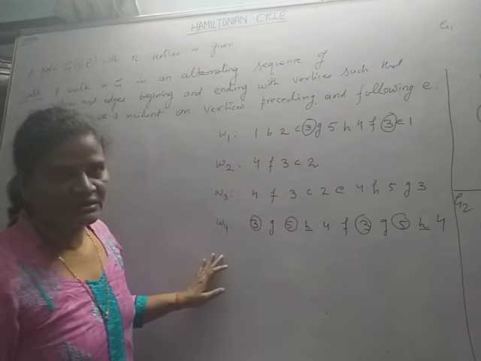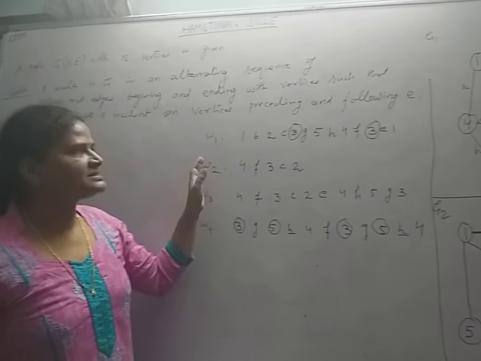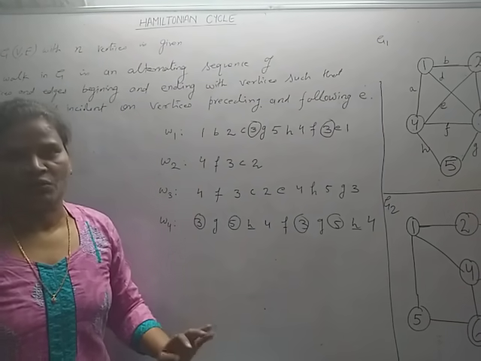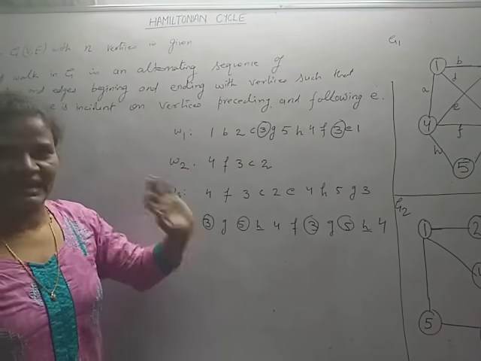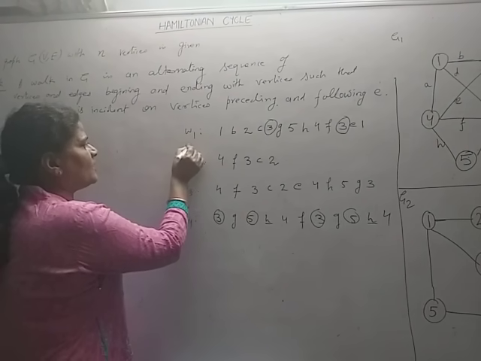Now, sometimes a walk is also written as a sequence of vertices only. We do not write the edges. Like we can write the walk W1 in this way also.